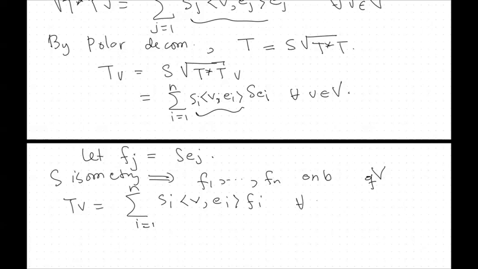This is also for all v in our vector space V. So this is now the end of the proof.